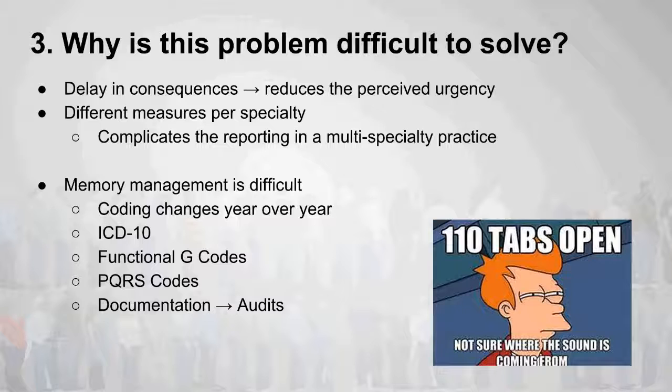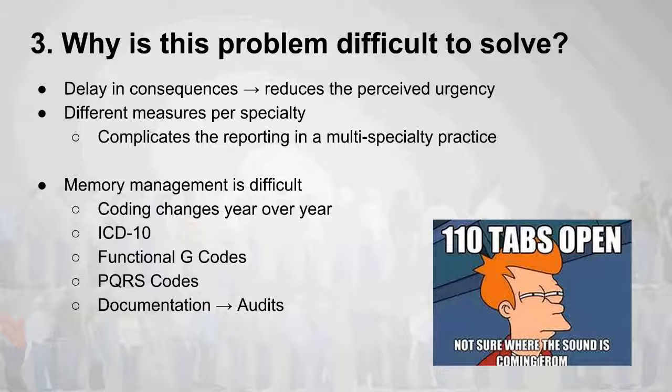Right, but even if you do report PQRS, they can still come in and audit, like you said. Even if you did or you didn't report, they still want to make sure when you're reporting the PQRS codes that your documentation matches. Well, we haven't really talked about that yet, but there are specific requirements. We're going to go over that in a few slides by practice specialty, the outcome measures they're asking for.